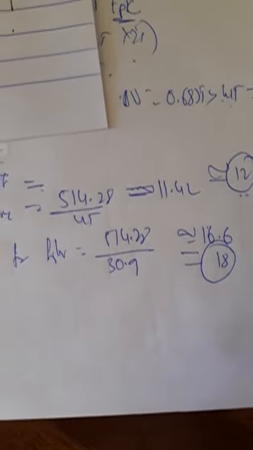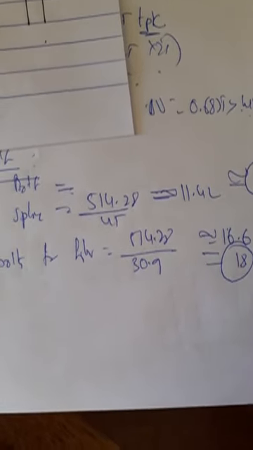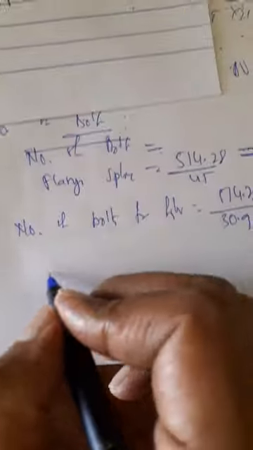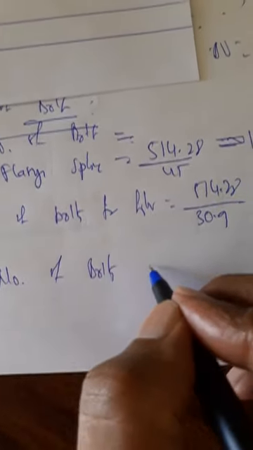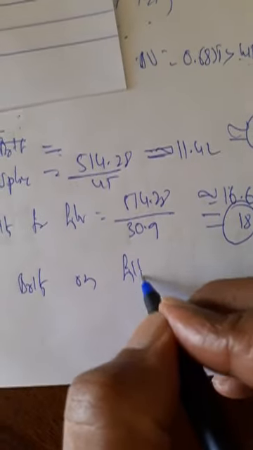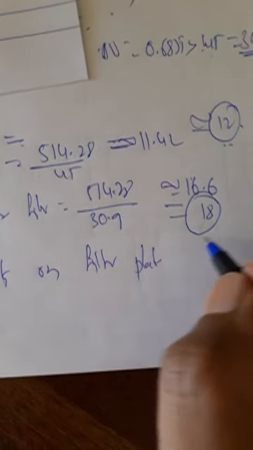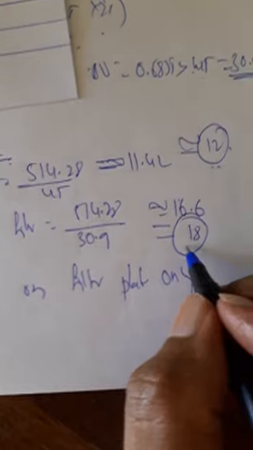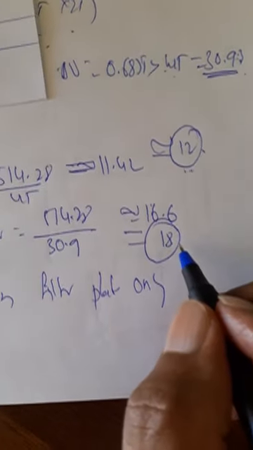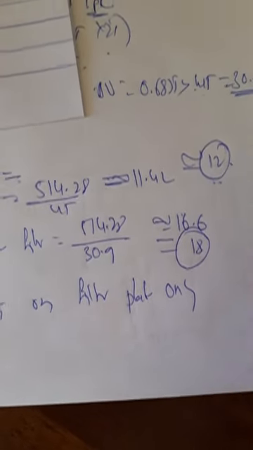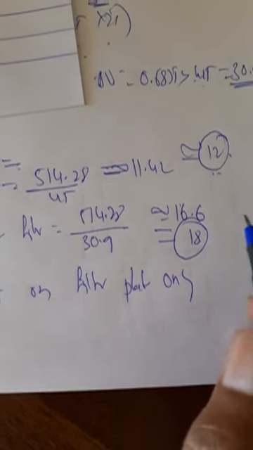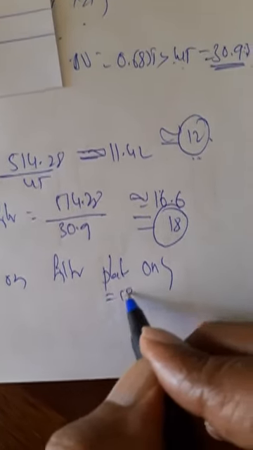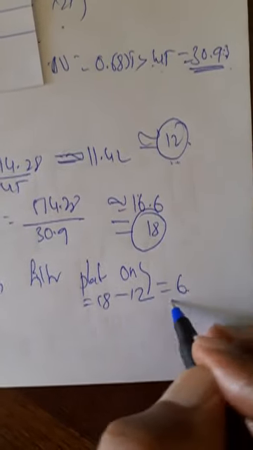Again it should be a round even figure. Next, number of bolts on filler plate only. So 18 is for filler plate, 12 is with flange plate. So only for filler plate will be 18 minus 12, that is 6.